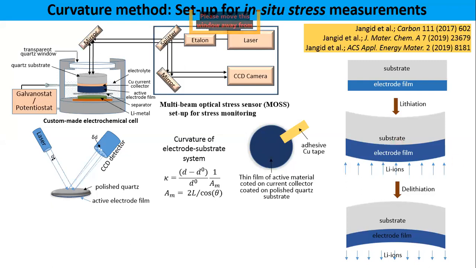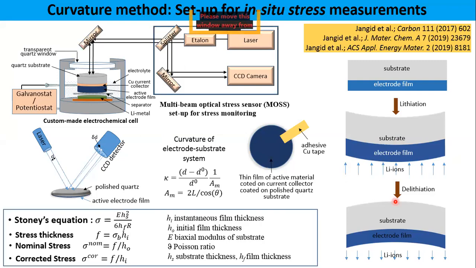Due to the change in curvature, the position of the laser spots will change. So you measure the change in the difference of the spot positions, and it will give you the curvature of that system. Then you take this curvature and put it in the Stoney equation, which will give you the magnitude of stress generated in the film.